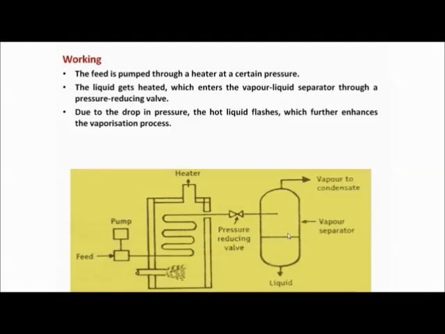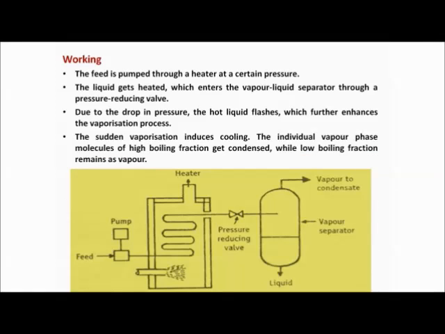So here, as it has entered from a higher pressure region to a lower pressure region, the hot liquid will flash and increase the process of vaporization. Thus this sudden vaporization induces cooling, right? The individual vapor phase molecules of the high boiling fraction get condensed, as I have already told you.